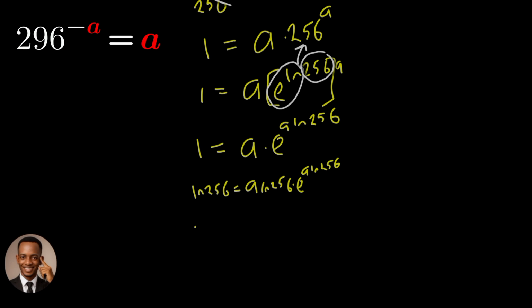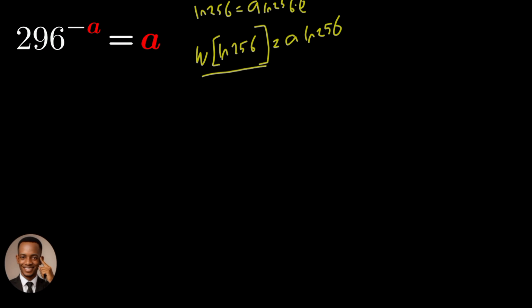So we have the W function of ln 256 will give us a ln 256, as a property of the W function. So here we divide both sides by ln 256 so as to solve for a.